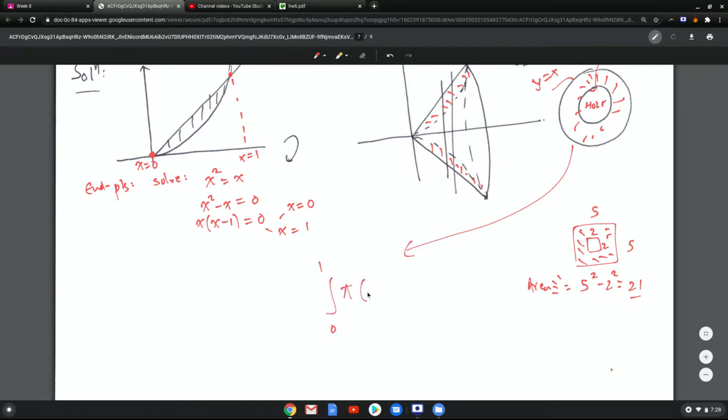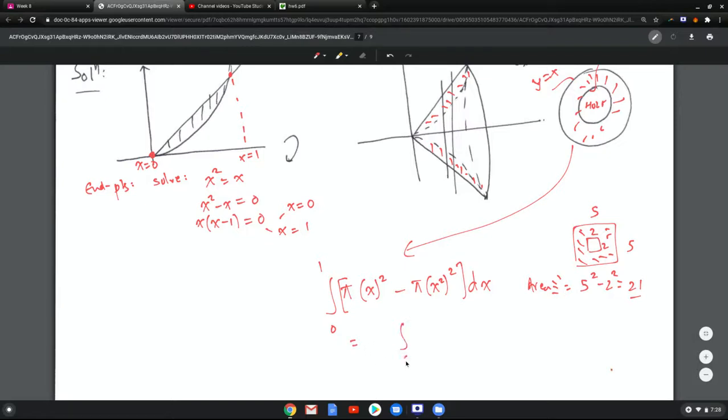Now the outer one is contributed by x, and the inner one is contributed by x squared. So I subtract these to get pi x squared minus pi x squared squared, and the integration is from 0 to 1.